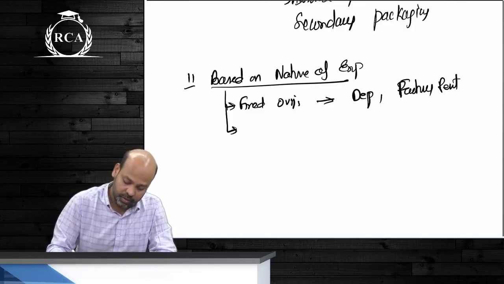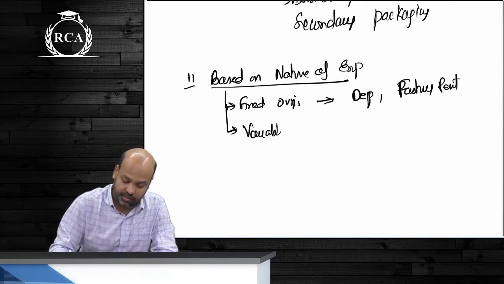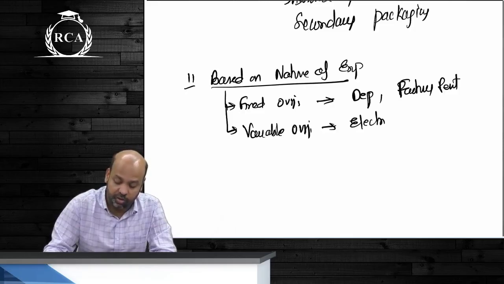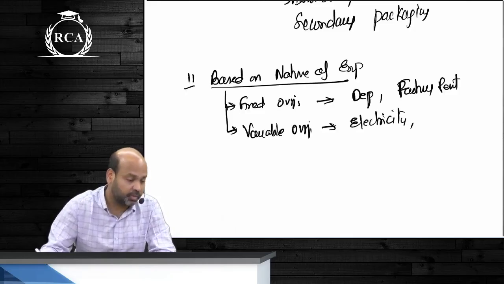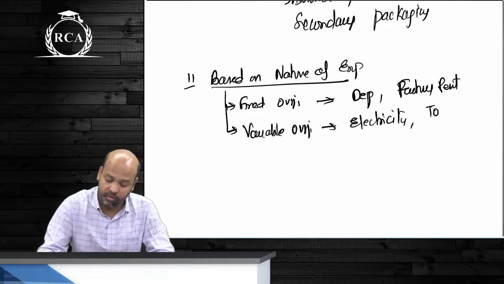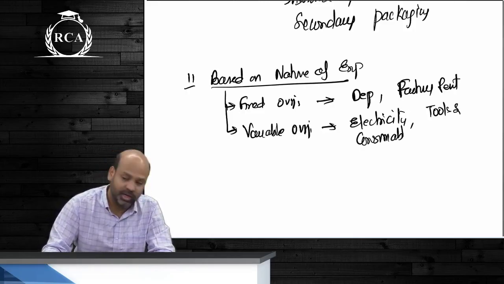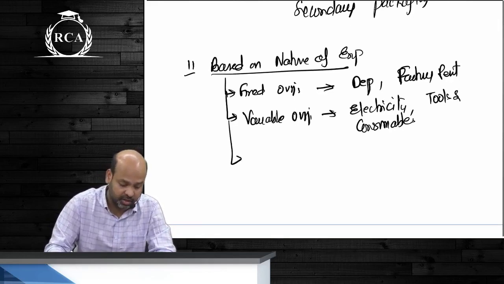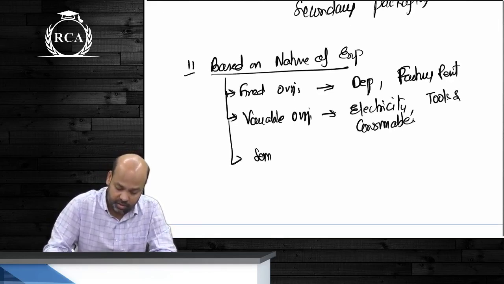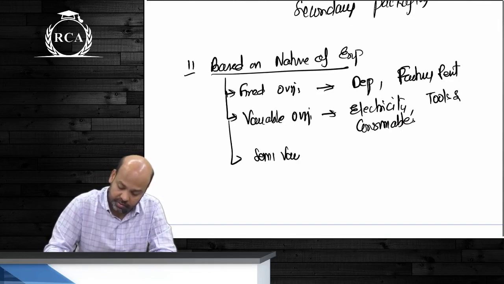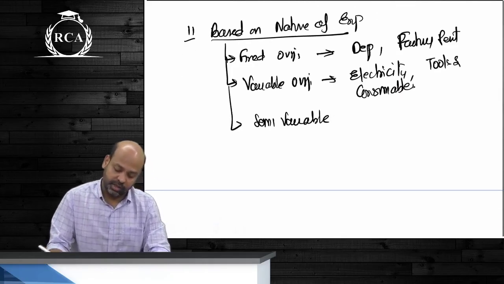Yes or no? Variable overheads, guys. Electricity expenditure. Job work, beta, is a direct expenditure, it will not come under this. Tools and consumables. All the expenses related to machineries as such, beta, would be higher if the usage is higher. Then semi-variable. No example will come.